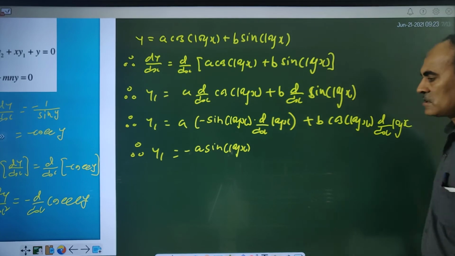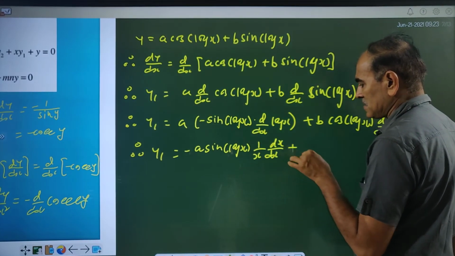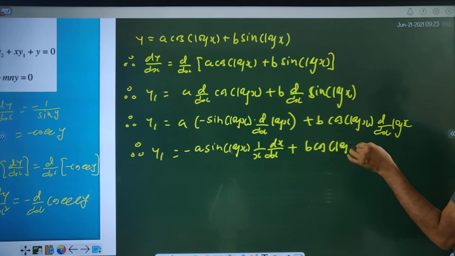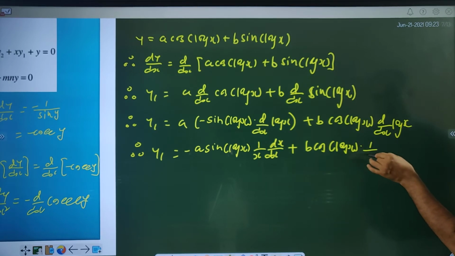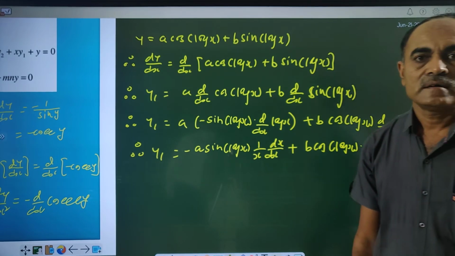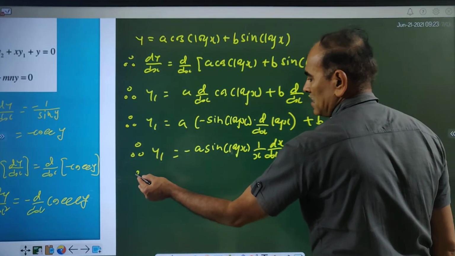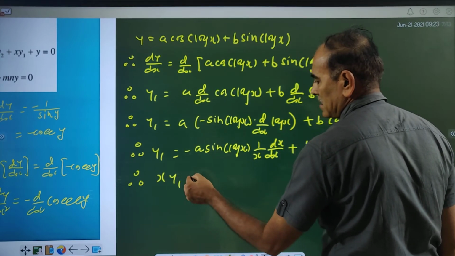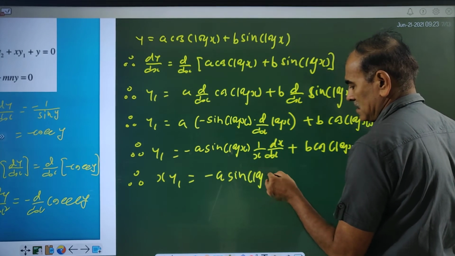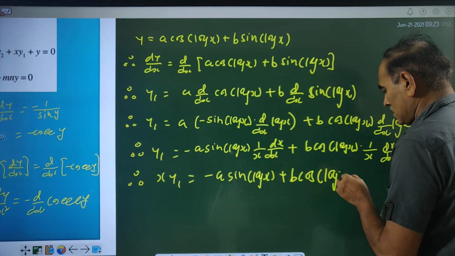What is the derivative of log some function? 1 upon some function, d by dx of some function. Plus b cos of log x, times 1 by x. See, x is there, so take it on the left hand side. x y1 is equal to minus a sin log x plus b cos log x.